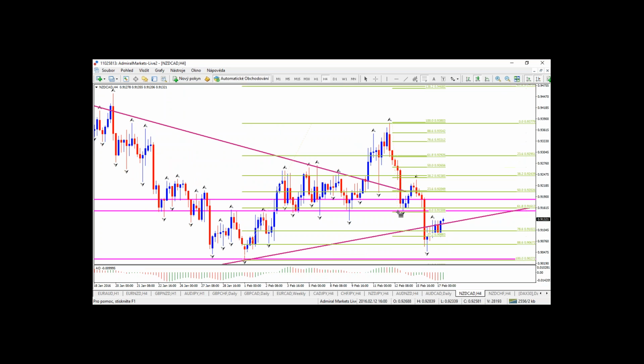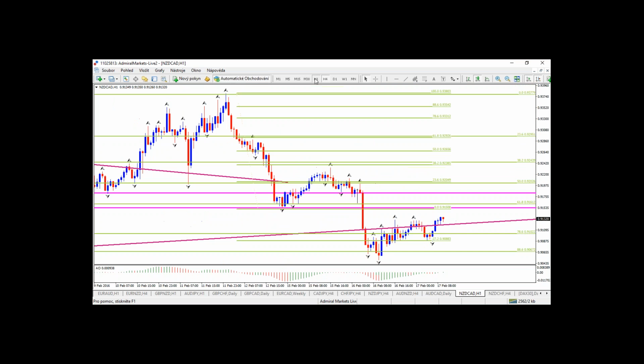Price didn't really get to the target and is already bouncing. Now, personally, I think it does have kind of the feeling of maybe a bear flag, but it could be a channel too.